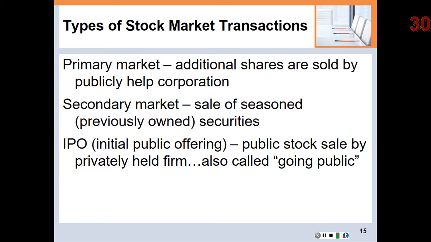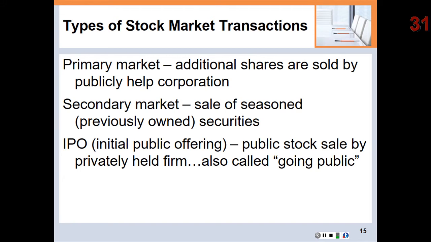Now, we're going to go back up to the top now. A primary market transaction is when a company that's public already, they have already issued shares of stock, but they are now selling additional shares to the public. So this would be, for example, if Ford Motor Company, who's had shares outstanding for 100 years, if they decide to issue new shares of stock.